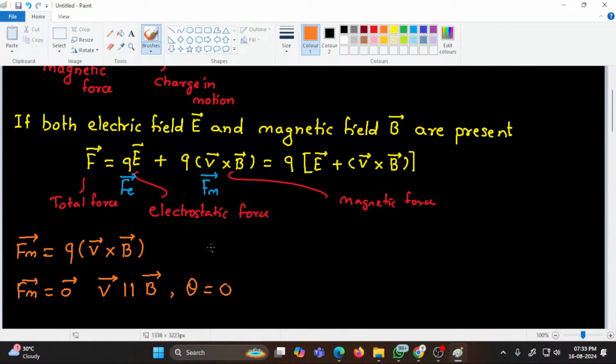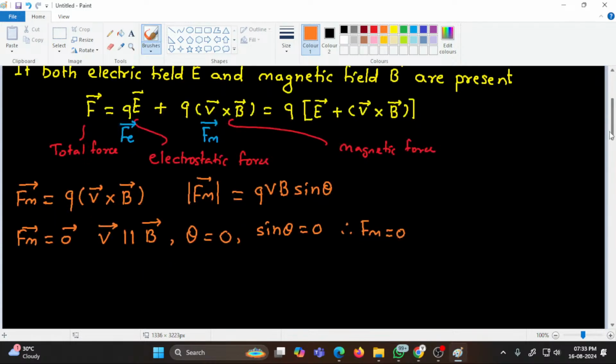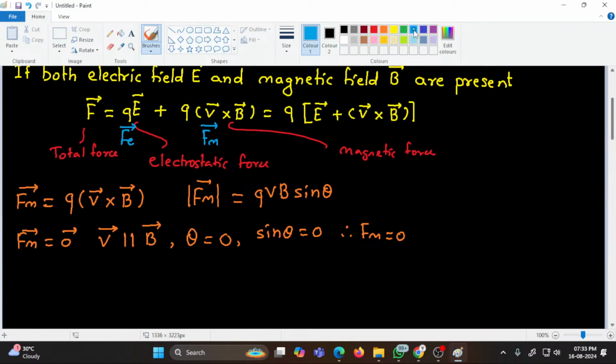Sin 0 is 0 ना, याची मॅग्निट्यूड किती असेल? मॅग्निट्यूड ऑफ Fm bar is QVB sin theta, isn't it? So if theta is equal to 0, sin theta equal to 0, and that's why the force is 0. So magnetic force is 0 if the charge is moving in the direction of magnetic field. What can we write about it?